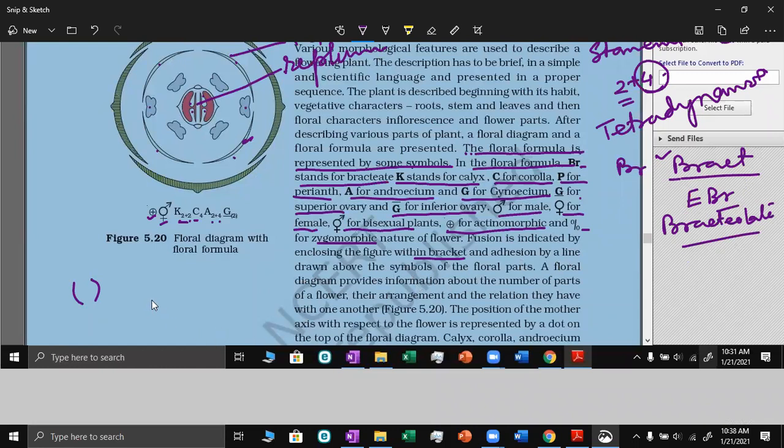In case C and A are united, then by an arc or a line, A and C are united. This is called the epipetalous condition.